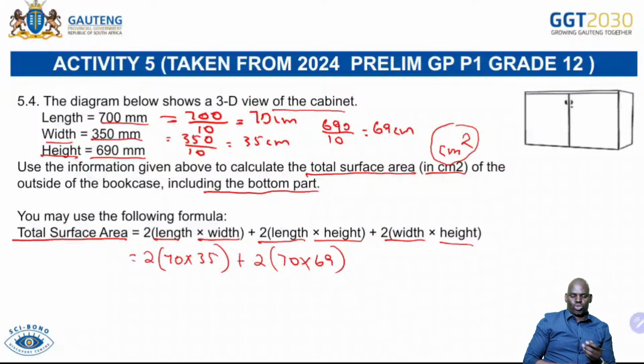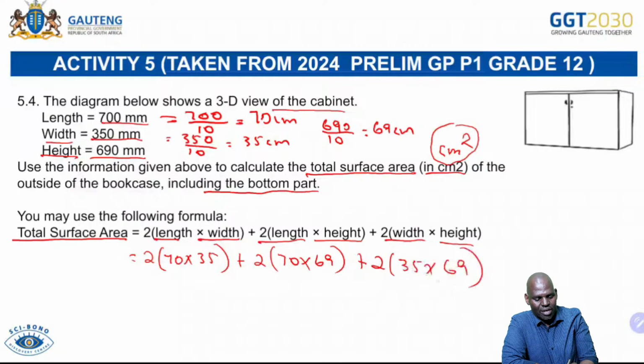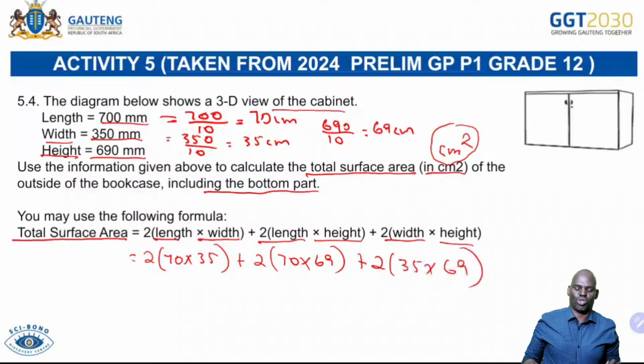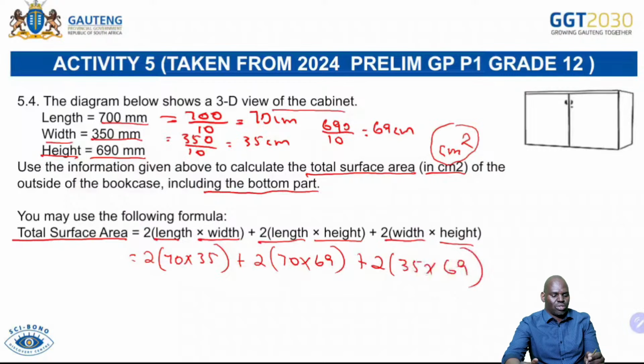Let's make sure that we do the substitution correctly. And then it's plus 2 open bracket, according to the information, the width is 35 and the height is 69. We have to make sure that we put the correct value at the correct position. That is the substitution. After this, we can simplify each part.